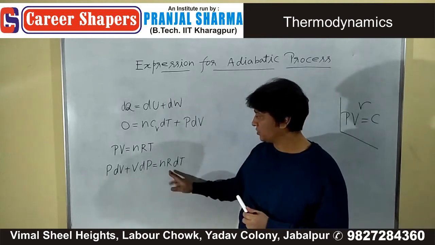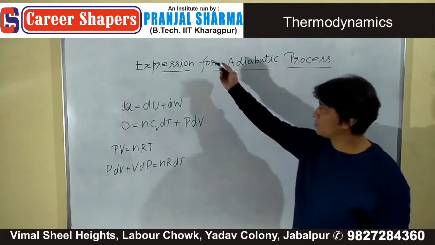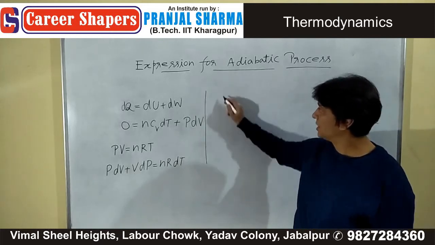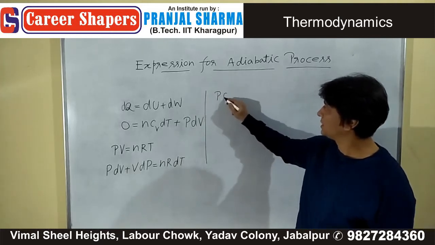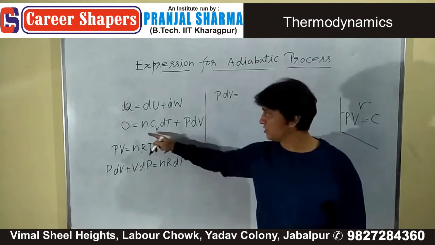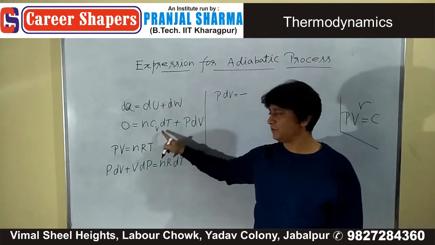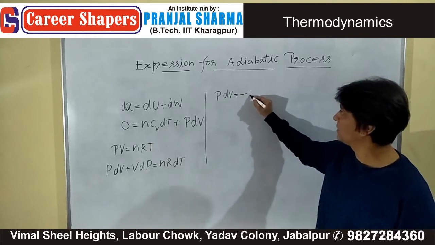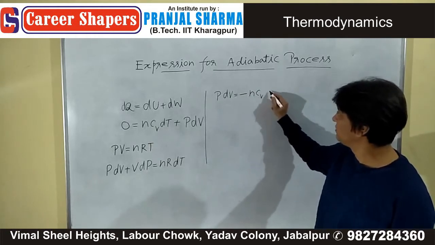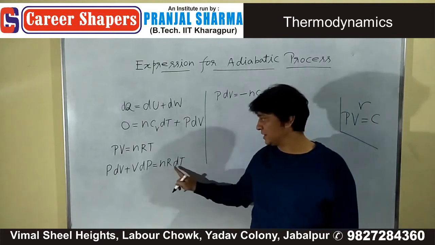Now let's put this in this equation. The equation we have got is P dV is minus of n Cv dT. But we have the value of n dT.